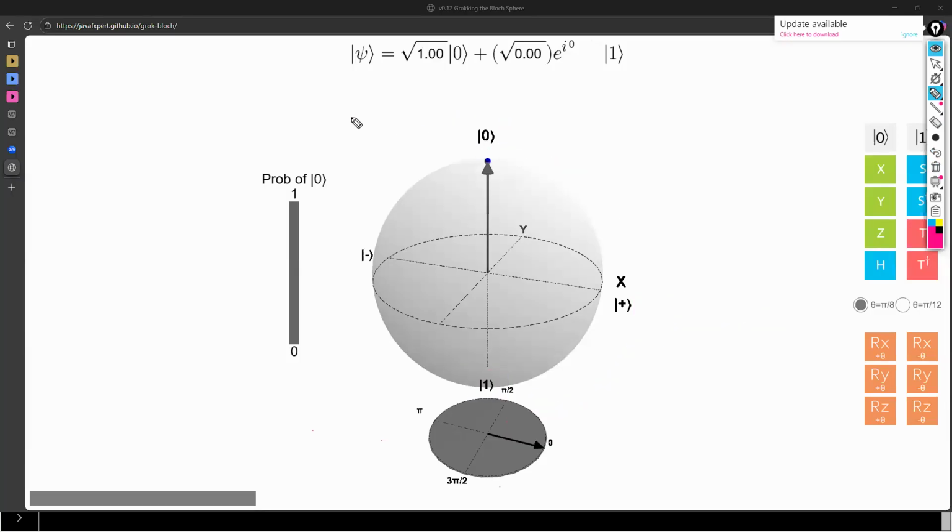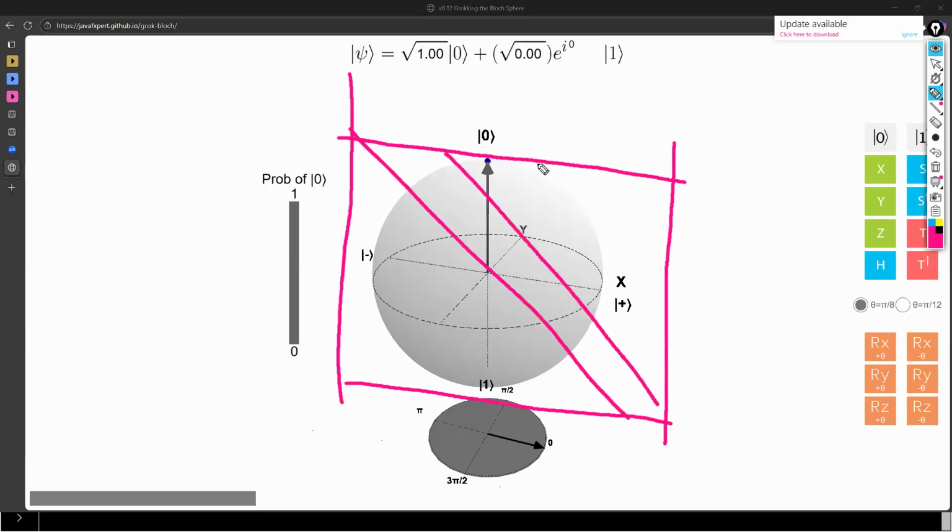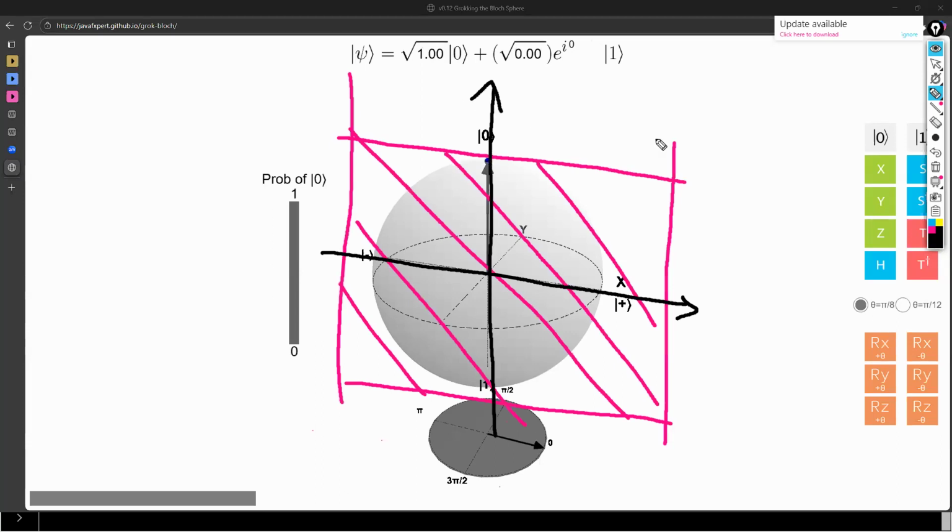So keep in mind that in the QBronze, what we would be using is this. Imagine a plane that would cut through this Bloch sphere like this and only represent the axis that goes through X and through 0 and 1.